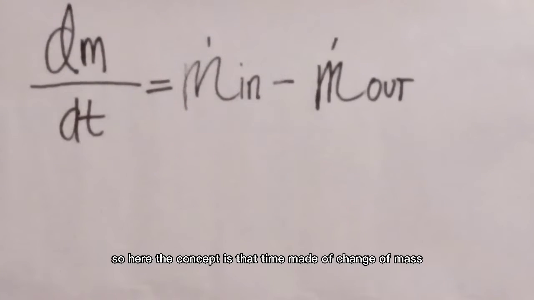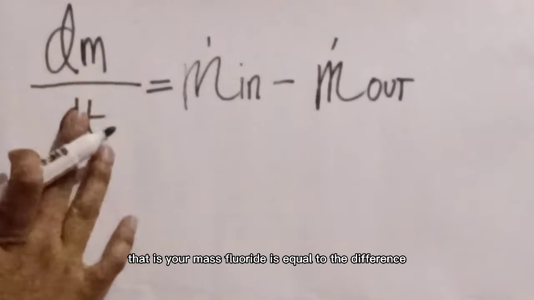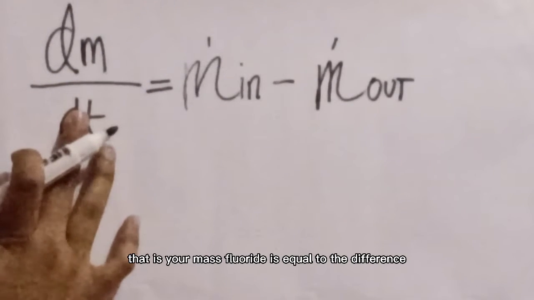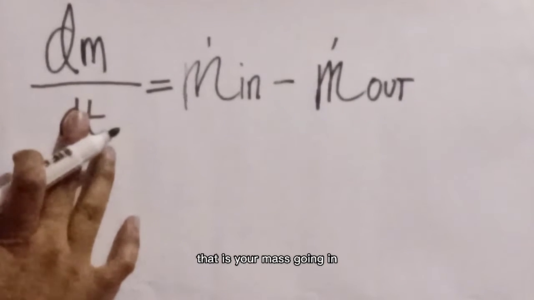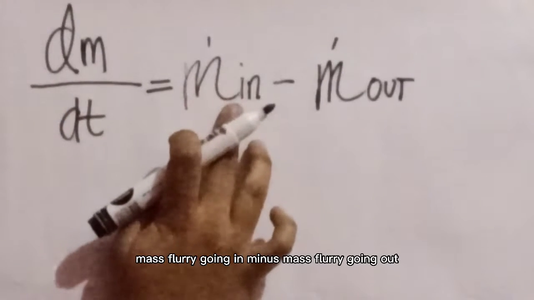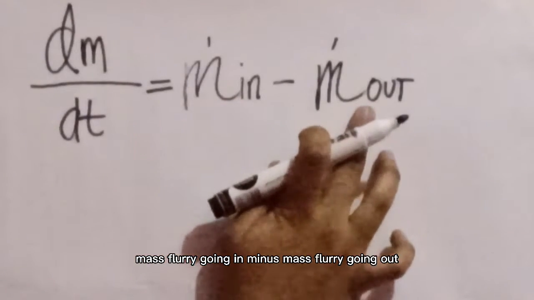So here the concept is that the time rate of change of mass is equal to the difference in mass flow rate, that is your mass flow rate going in minus mass flow rate going out.